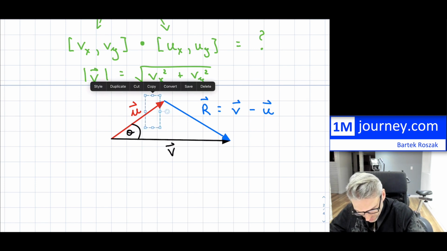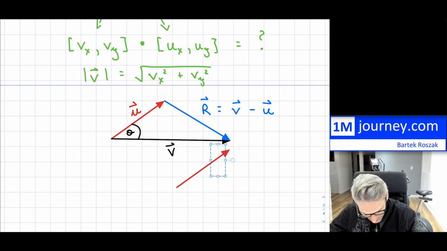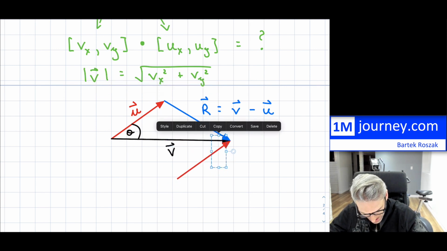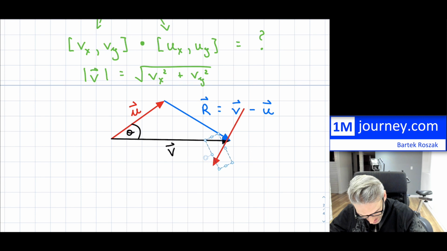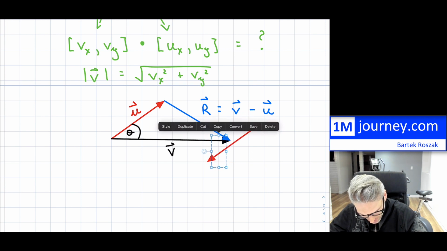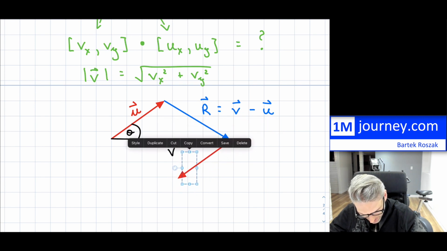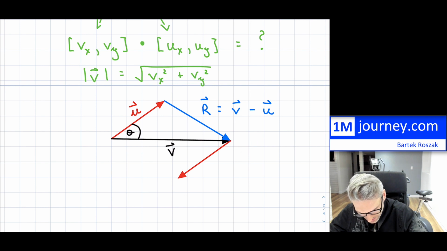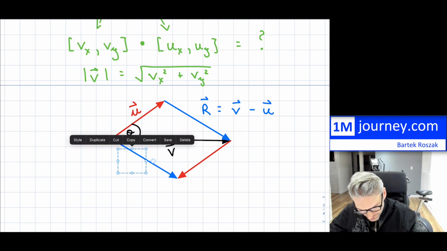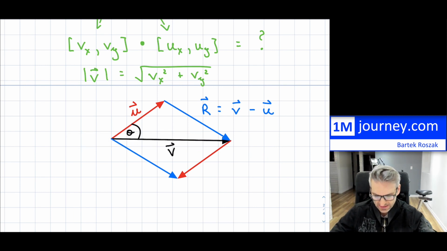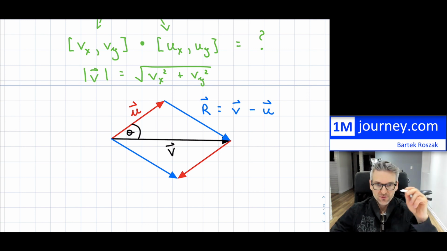So here, I'm going to duplicate it. Notice what's going to happen here. I'm going to shift it back all the way and click it in place right there. For this vector, I'm going to duplicate it. Using the parallelogram, we notice that indeed that is my R. So my R is simply V plus the opposite of U, so adding it or subtracting it.